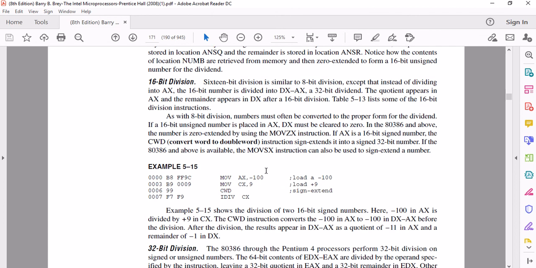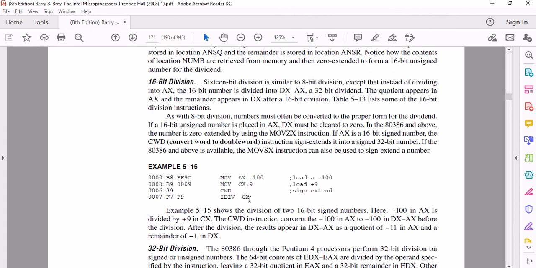Like these two numbers, -100 is moved in AX and 9 is in CX. Now for sign extension, we use only CWD. It will extend word into double word, that is 32-bit.